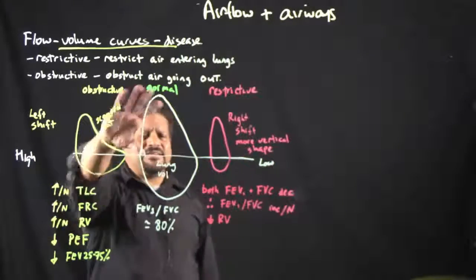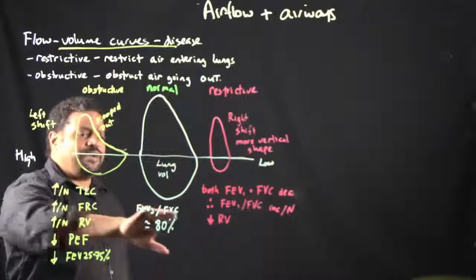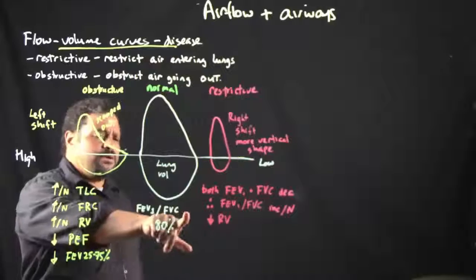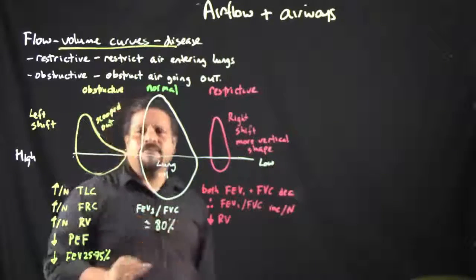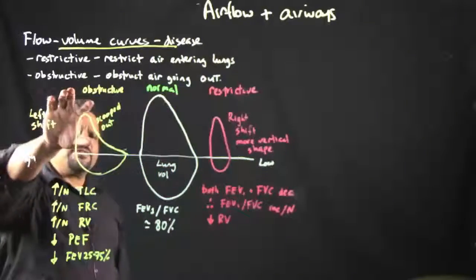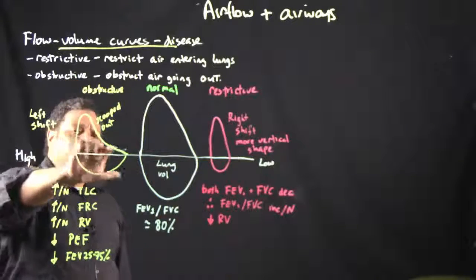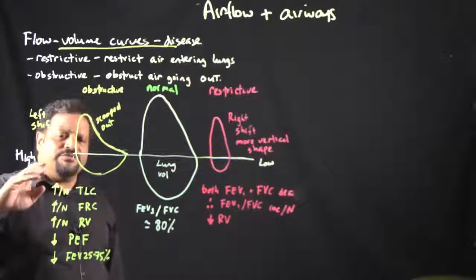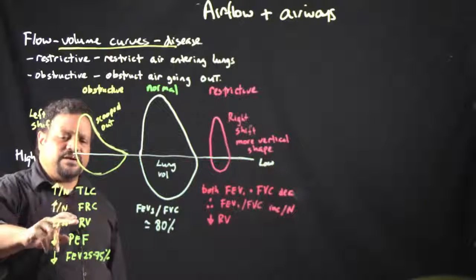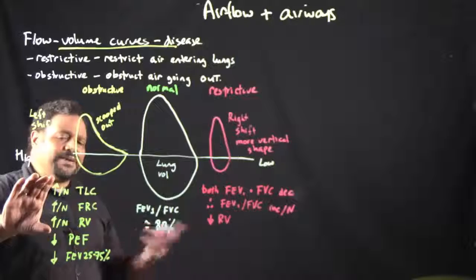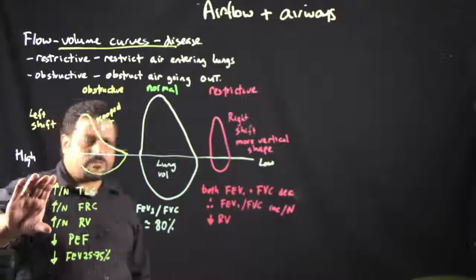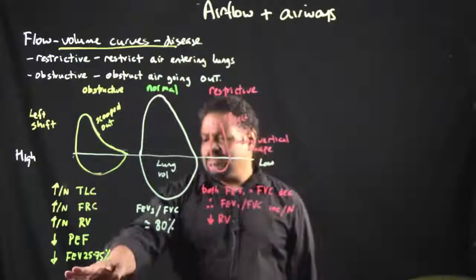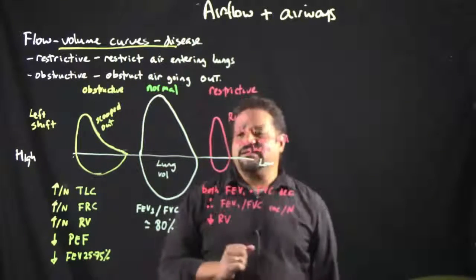So the normal in the center, we have FEV1 over FVC is about 80%, forced expiratory volume in 1 second over forced vital capacity. In the obstructive disease, you have a scooped-out shape, okay, of this region of the flow volume loop. You have an increase in TLC, FRC, RV. They can also appear normal depending on the severity of the disease. Then we have a decrease in the peak expiratory flow, and it decreases FEF 25 to 75%.